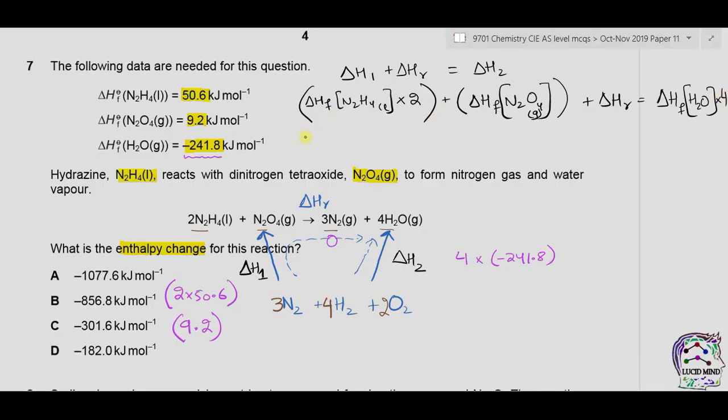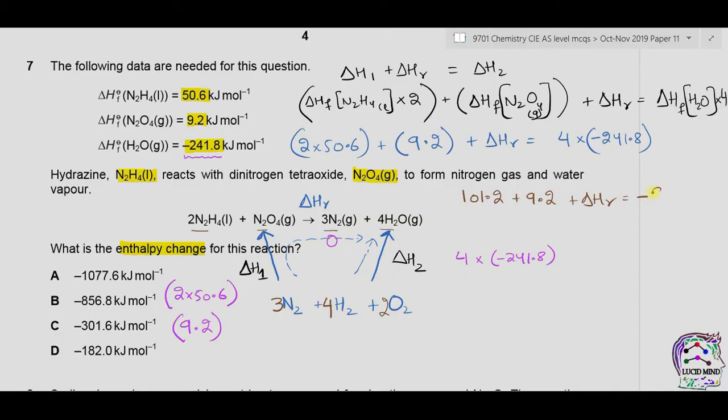Now putting values, the values come equal to 101.2 plus 9.2 plus delta HR equals negative 967.2.